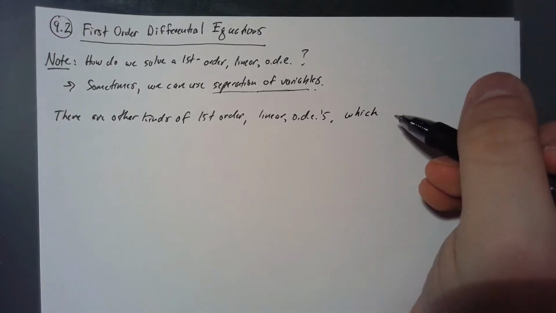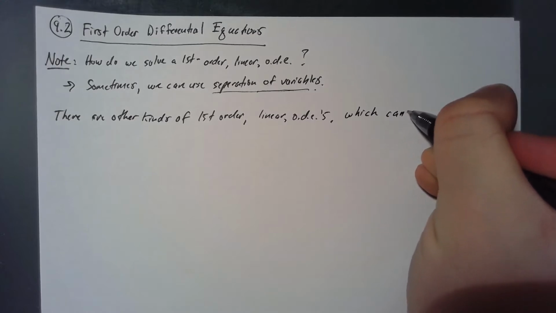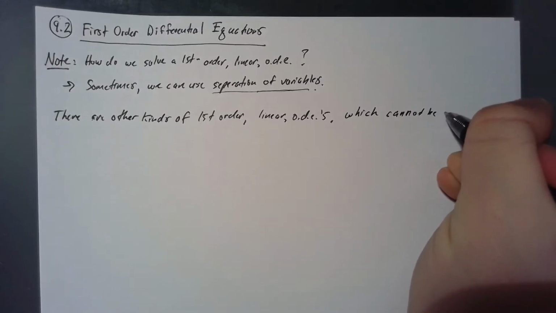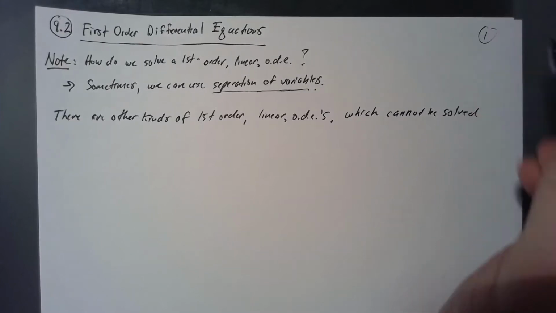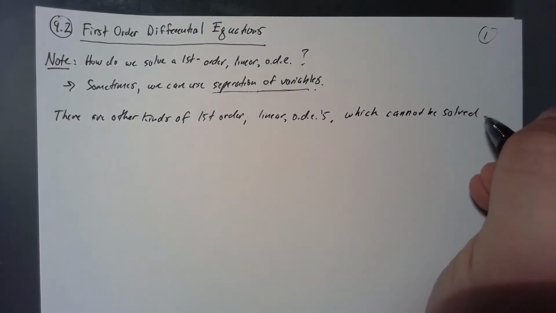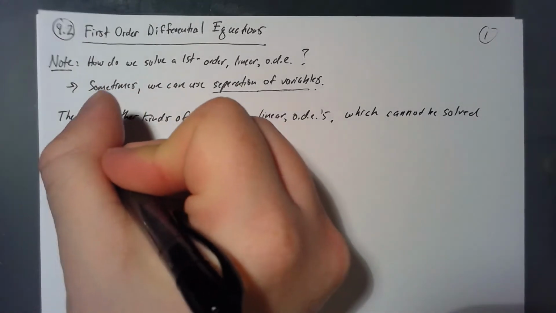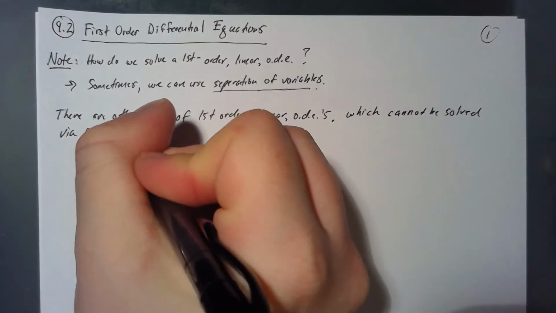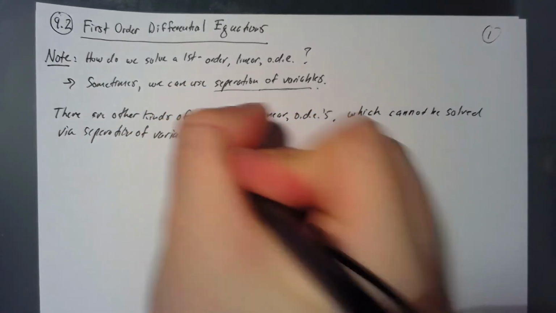So there are other kinds of first-order linear ODEs which cannot be solved, I'll just say, via separation of variables. It just can't.